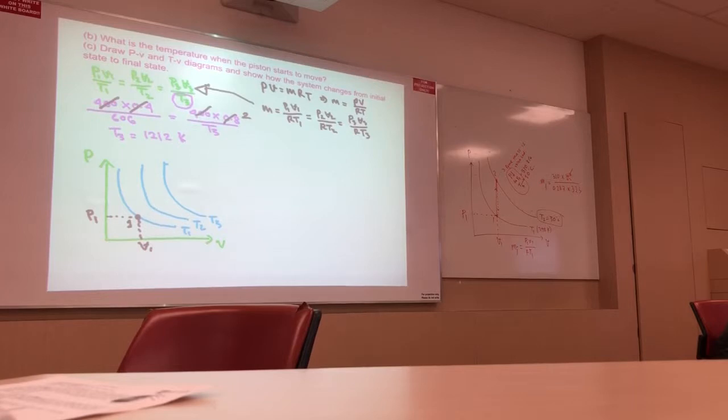So 1 to 2 it goes by constant volume process, right? And 2 to 3 is constant pressure process.